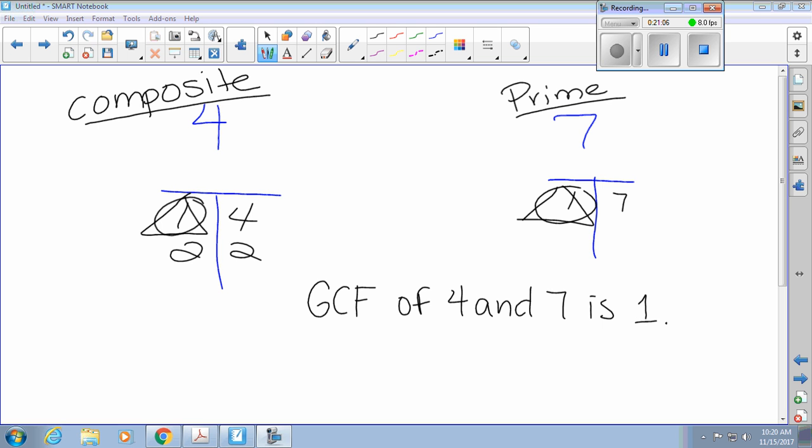It is easy homework. Your worksheet looks like this. It says, find the GCF and show your work. Make sure to circle all the common factors and place a triangle over the GCF. Okay. Yeah, we'll go over that in a sec.